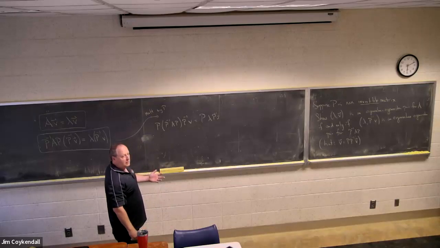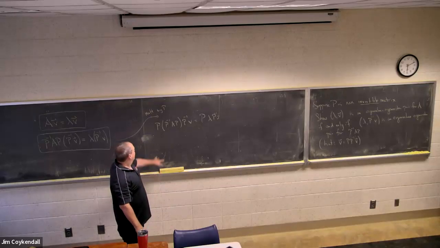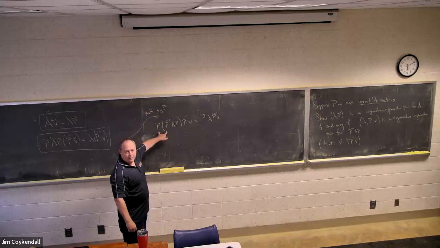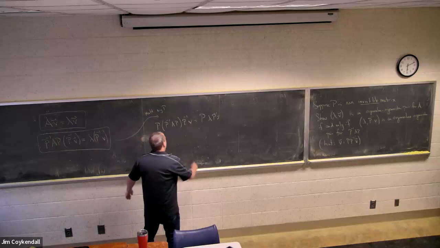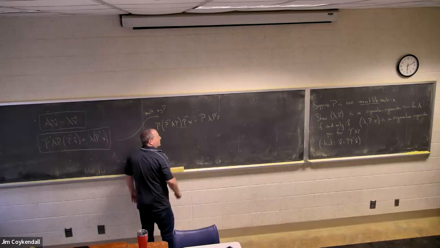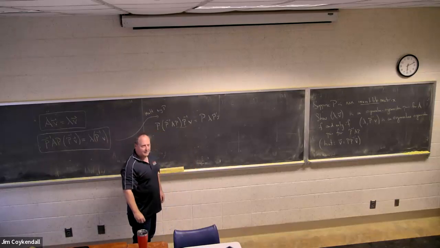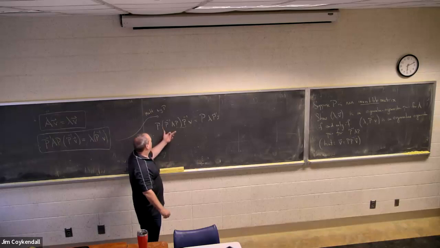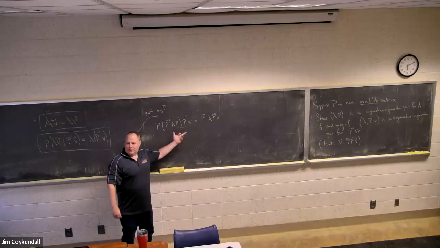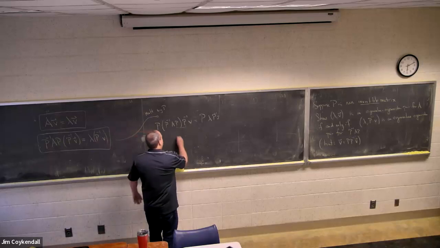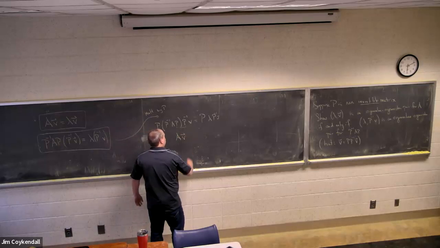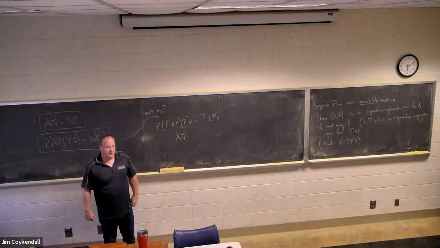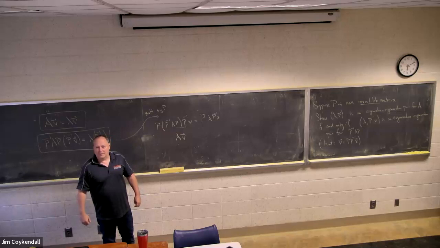It's like alphabet soup, right? But actually, it's not so bad. What happens to the P inverse here? It's Casper, it's gone. And what happens to P inverse here? It's gone as well. So what is left over when the bloodshed is through? What's the only thing left standing? Agreed? What about the other side?